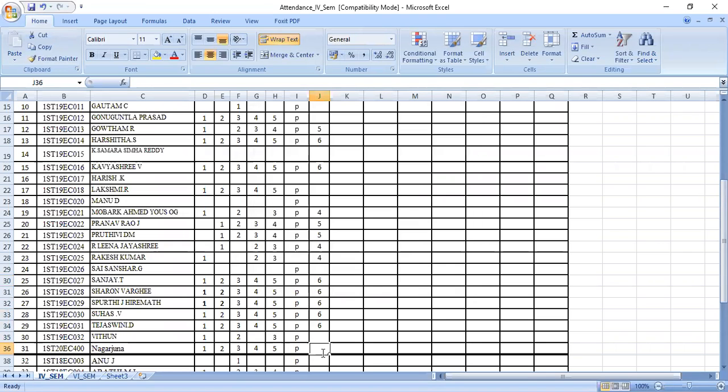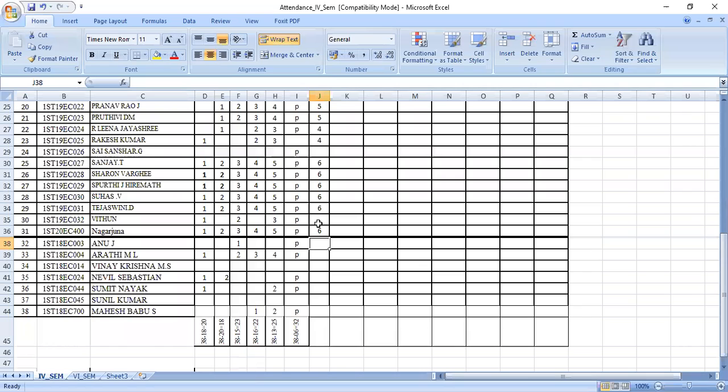Nagarjuna is present, right? Okay. Mithun or Nagarjuna? Nagarjuna, ma'am. Okay. Anu? Arati? Vinay? Neville? Sumit? Present, ma'am. Sumit, right? Yes, ma'am. Okay. Sunil? Mahesh Babu?